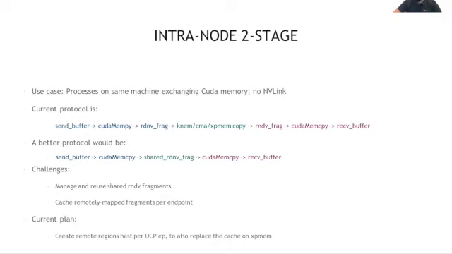And on a more general note, it looks like in the coming year, we'll need to make a few changes that move logic from UCT to UCP, because things that solve problems on specific transports now have to be generalized, and we can't keep them in UCT anymore. So this remote cache is one example. And on the next slide, we'll talk about moving the registration cache itself to UCP.